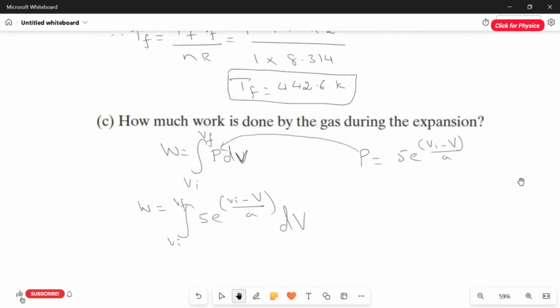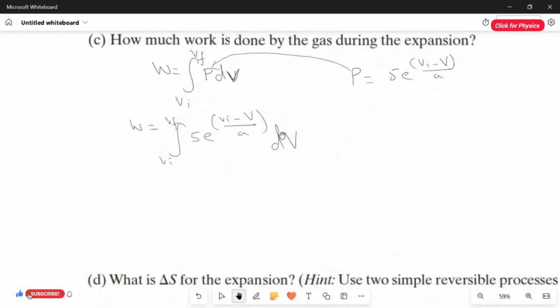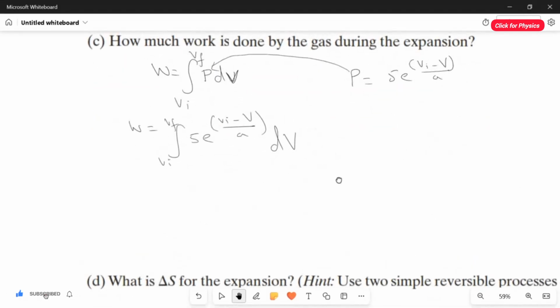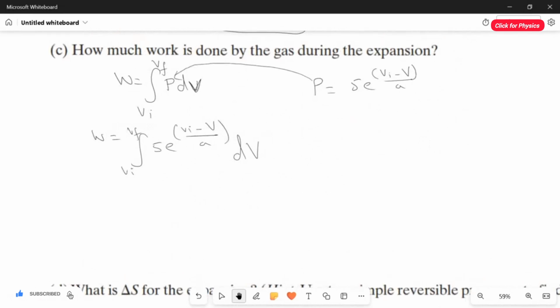So here we are going to differentiate only caps V, right? So now we can split this into 2.